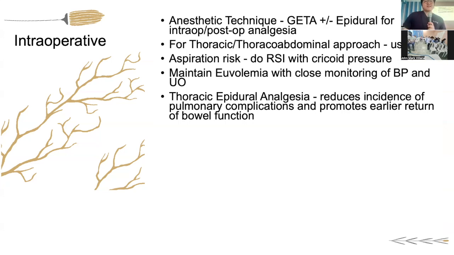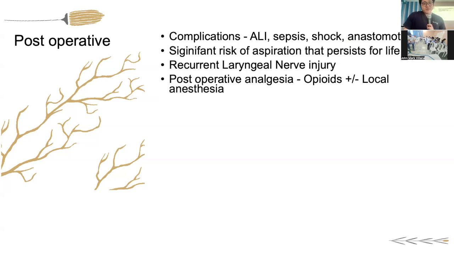So the plan is RSI since they have aspiration risk. And then for those other comorbidities within the patient, they should maintain euvolemia. If ever the patient is subjected for esophagectomy, they may be given thoracic epidural analgesia. For the post-operative complications, it would include aspiration, sepsis, shock, or anastomotic leak, or recurrent laryngeal nerve injury.